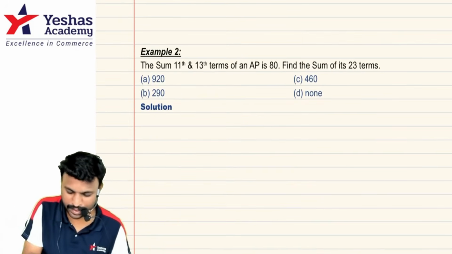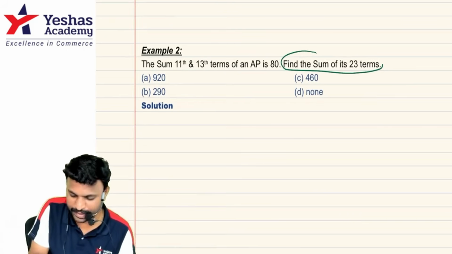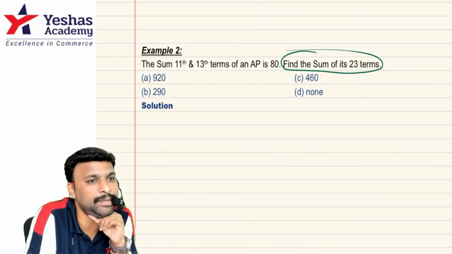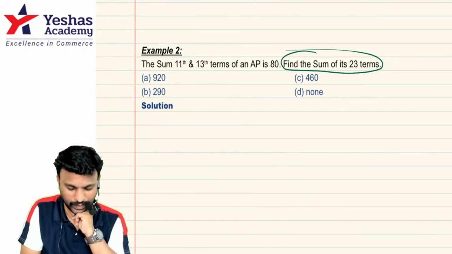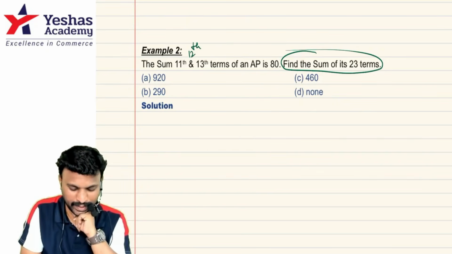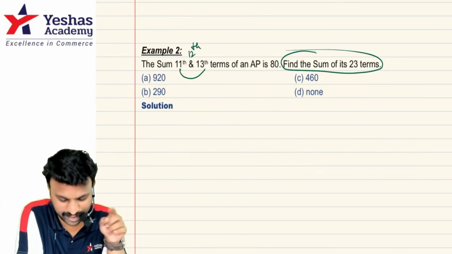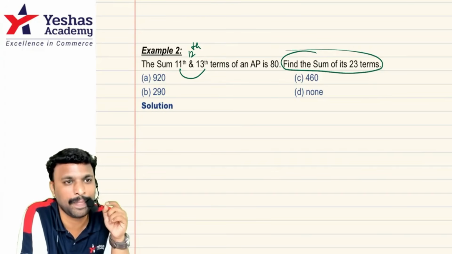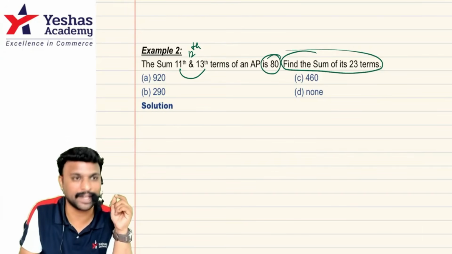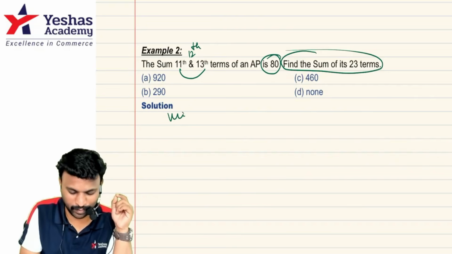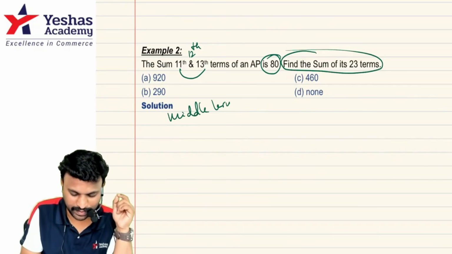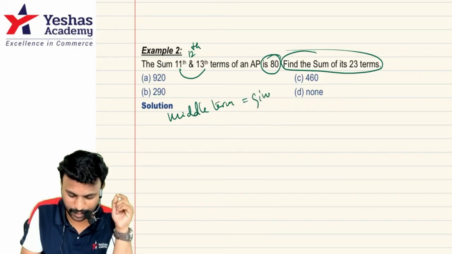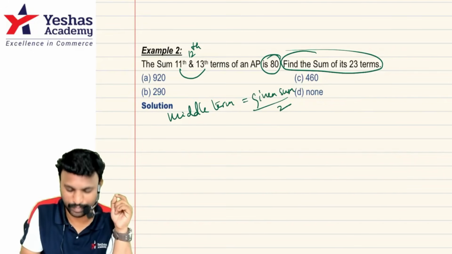When we solve this question, look at the number of terms for which the sum is required. 23. What's the middle term? 12. So clearly 11 and 13 are equidistant from 12, so definitely this is the given sum. To get the middle term, what should I do? Given sum divided by 2.